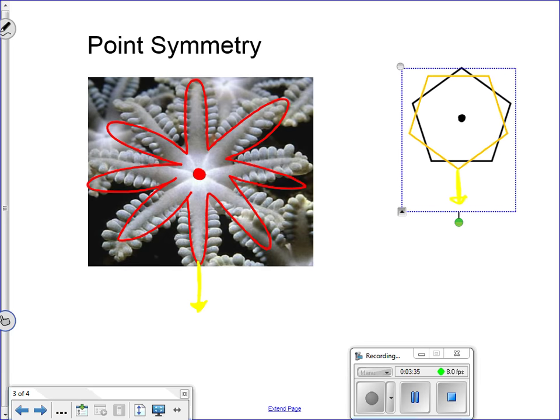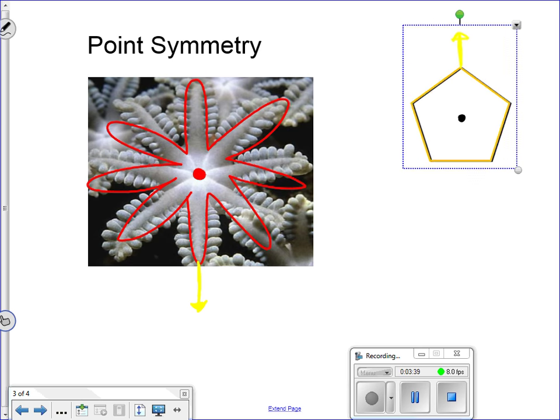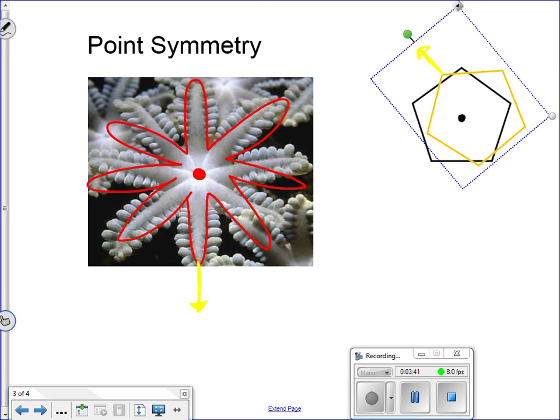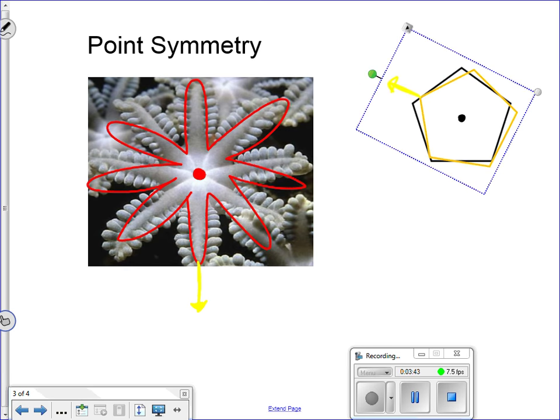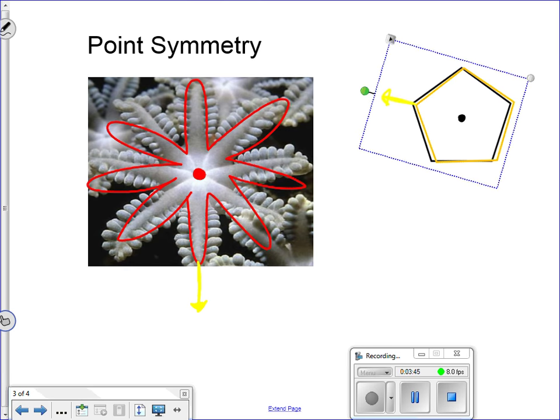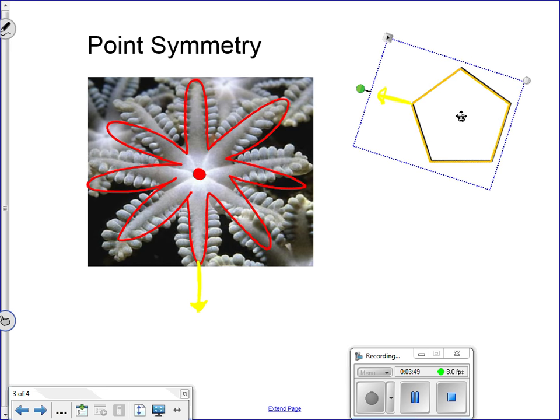So I knew it wasn't going to work from the very beginning. But what if we just rotated it so that it was like this? Now, that's not 180 degrees, as you can tell, so it doesn't have point symmetry, but it does have the next concept, rotational symmetry.